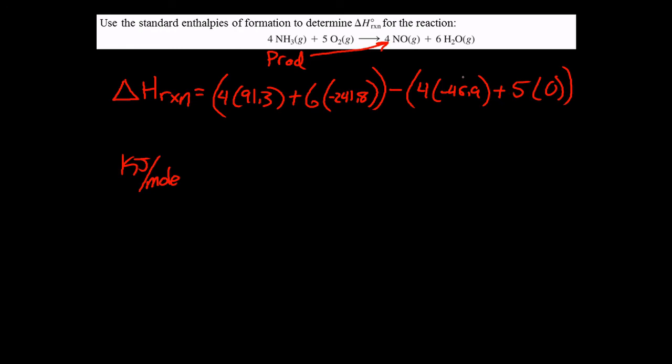All right. So, if I add those together, 4 times 91.3 plus 6 times negative 241.8 minus 4 times negative 45.9 gives me delta H for this reaction is negative 902 kilojoules.